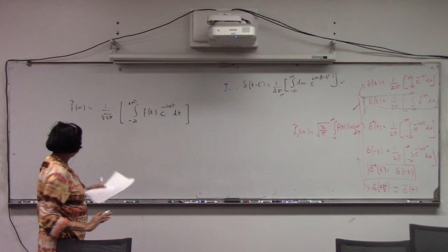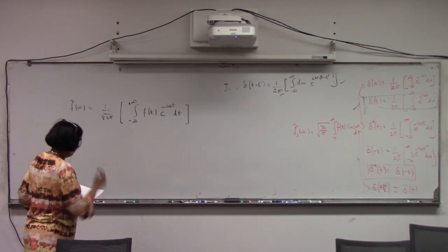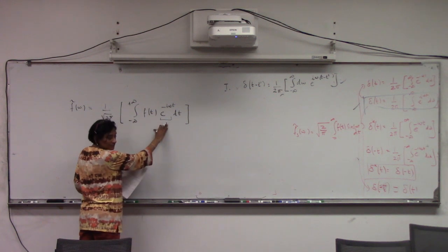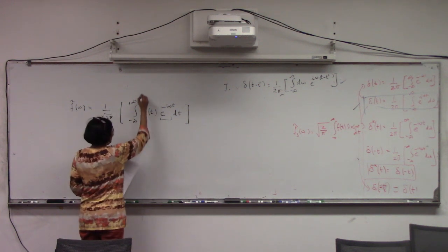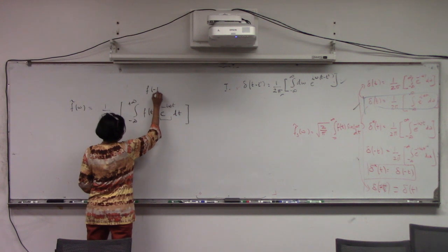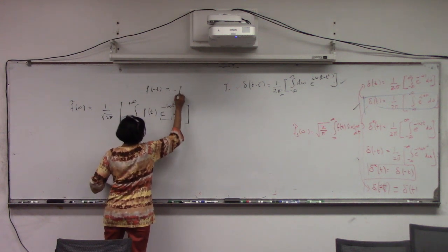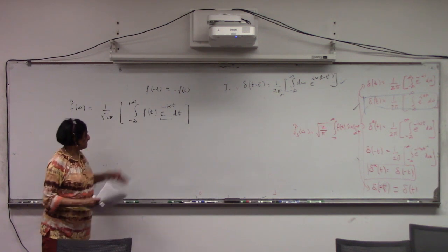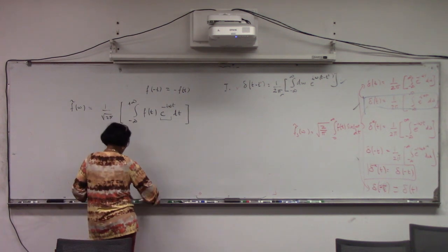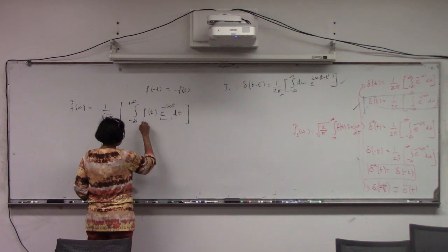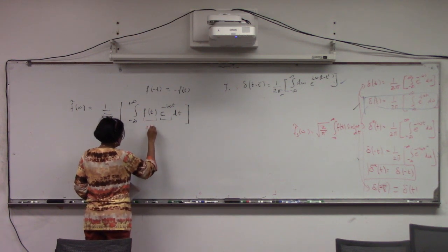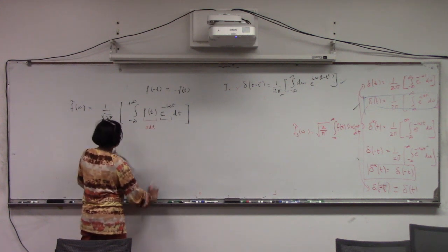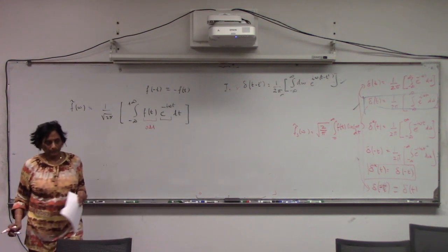This is the definition of the Fourier transform. Now, this I can write as sine and cosine, right? And I know f of t is odd. If f of t is odd, this is odd, when will this integral survive? It's an infinite domain.